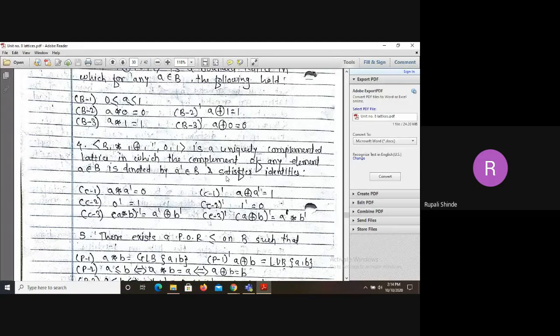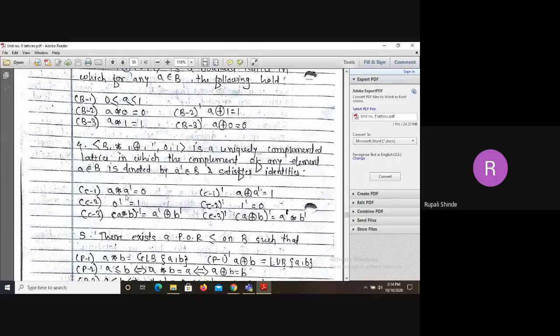A dash belongs to B and satisfies the following identities. So this is for a complemented lattice. In the operations of lattices, we have included this operation for complement. For this complement, we have written C, C1, C2, C3. So there are three properties for complement.